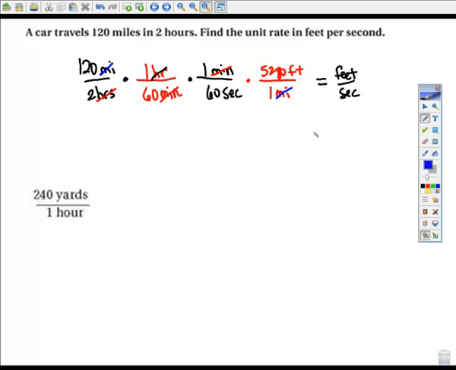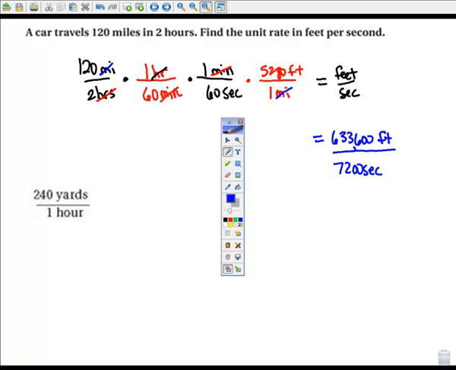and that gives me a huge number, 633,600 feet per 2 times 60 times 60. And that's 7,200.